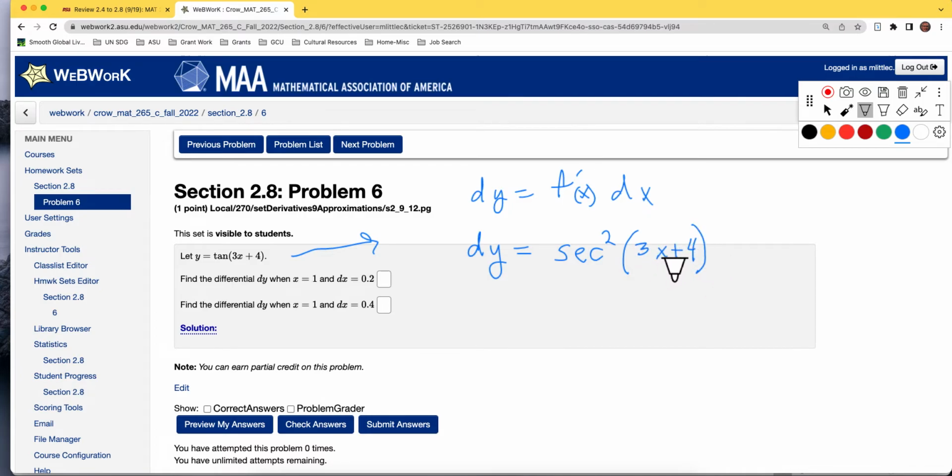Chain rule says the derivative of the inside is just 3, so we multiply by 3. I like to put it in the front, but you could put it in the back. Then dx. Thank you, markers, yes. There we go.